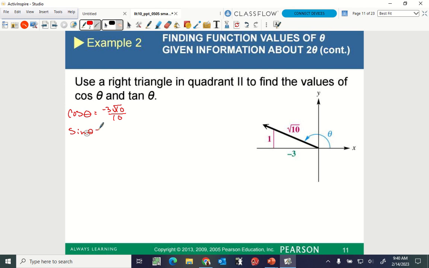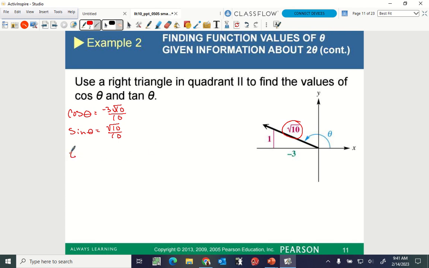Sine theta is going to be radical 10 over 10. Ignore this; they simplified it way too much, because you can't have that on the bottom. So ignore this part here.